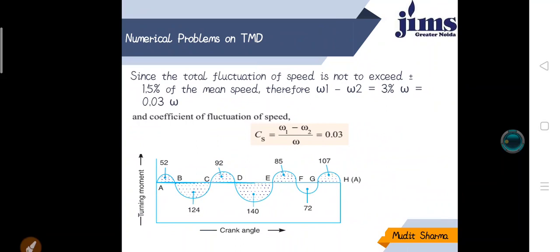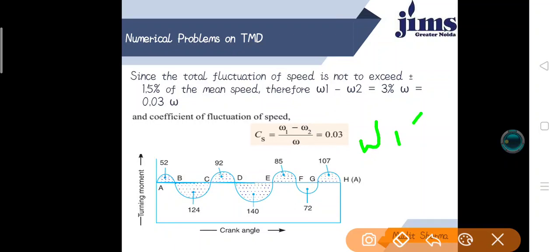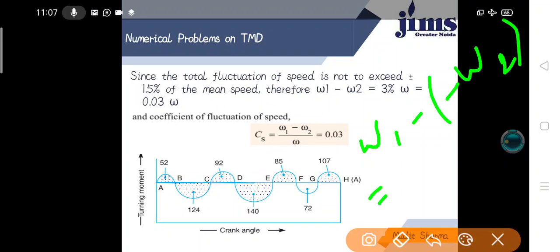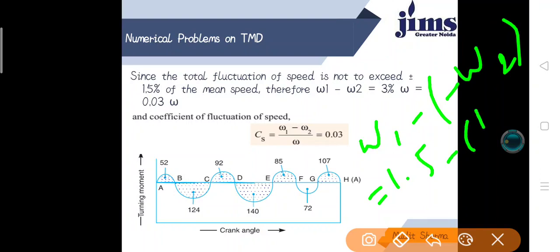Now the difference omega 1 minus omega 2 is plus 1.5 minus minus 1.5, that is equal to 3% of omega.